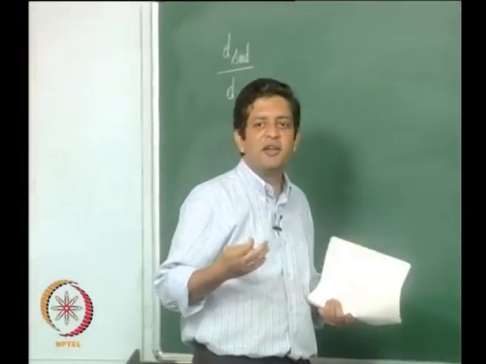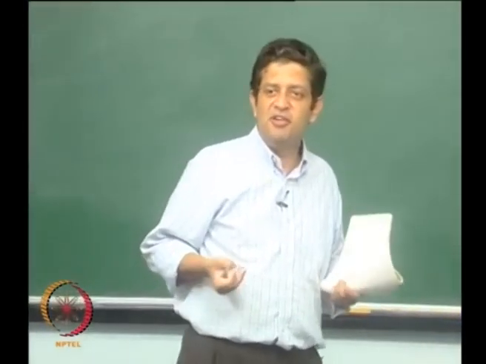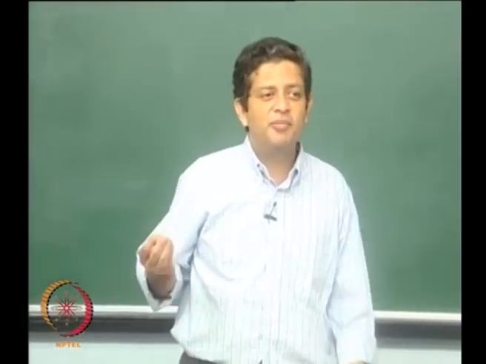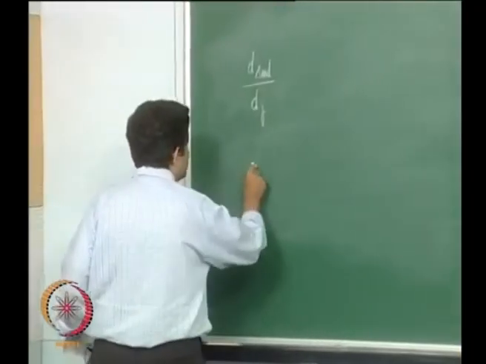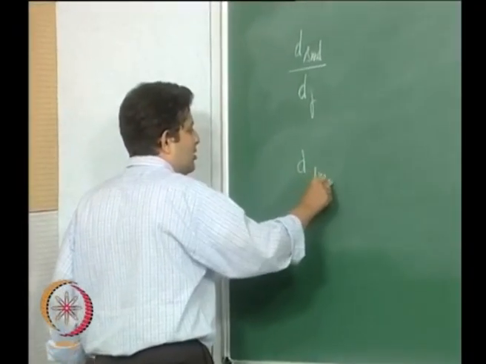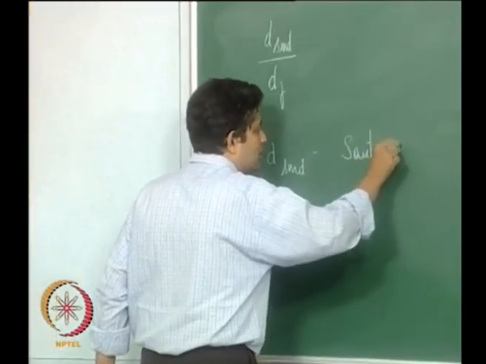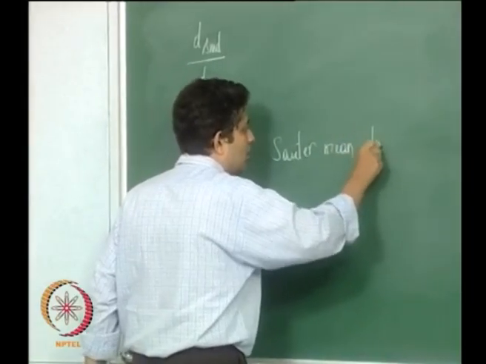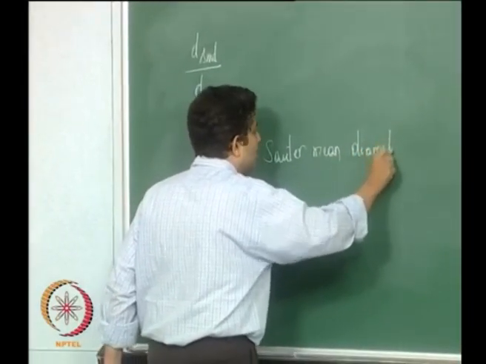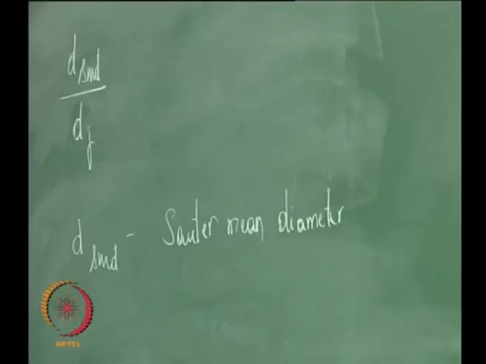What is Sauter mean diameter? Any idea? Heard of it before? Sauter mean diameter is nothing but the ratio of volume to surface area.